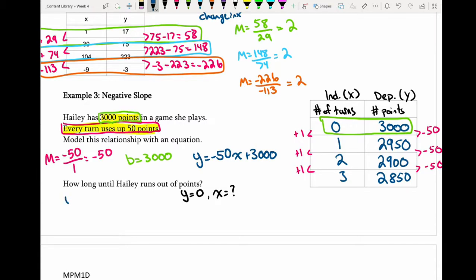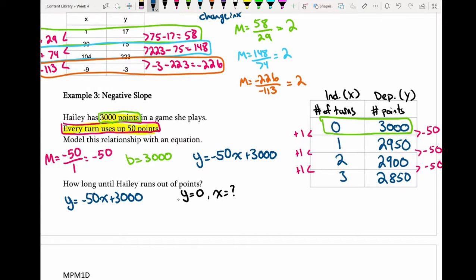Since we have an equation, y equals negative 50x plus 3,000, I know one of the values that I want to find, right? Remember, x and y represent any number of scenarios where we have turns and points. I have one scenario when I have 0 points, and I want to know how many turns that is going to be.